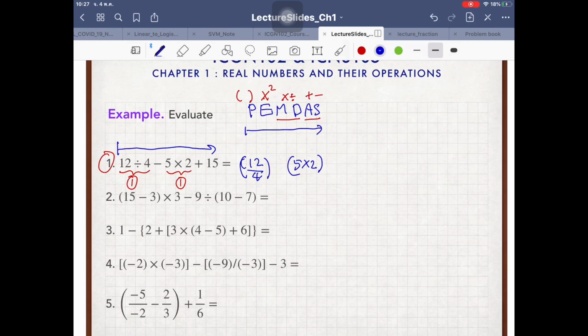And then now you're gonna apply the subtraction and then the addition. And keep in mind that for the addition and subtraction, they have the same priority. So for this example, that will be the priority number 2, or the second priority.